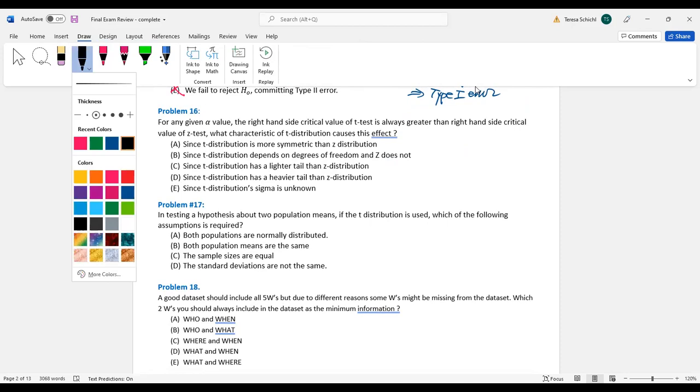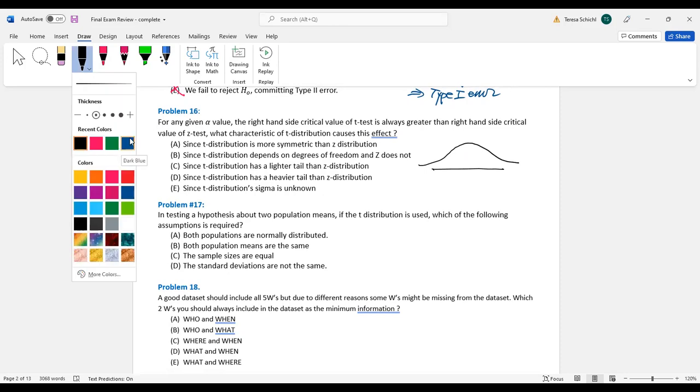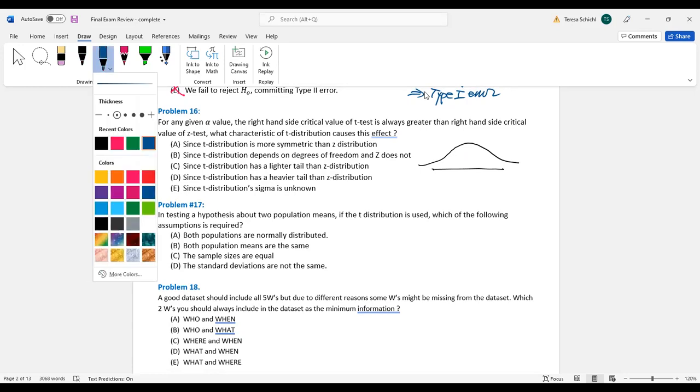Let's take a look here. First, let me draw a normal distribution. So this is my normal distribution. And then also, let me draw a t-distribution here. When we talk about the t-distribution, we said it is a distribution that has a heavier tail than the normal.